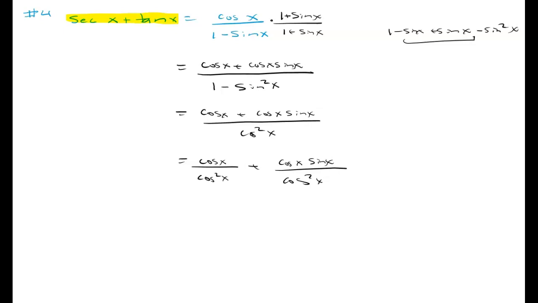So the cosine is going to go away, and the squared sign will go away there. So this will just be 1 over cosine of x. This cosine and this squared will also go away, so it just leaves you sine of x over cosine of x. And then 1 over cosine, that's the same thing as secant. And then this is the same thing as tangent. So the right side and the left side are now equal to each other.